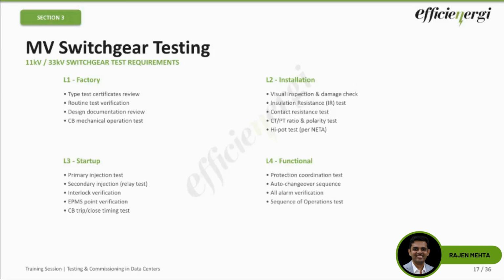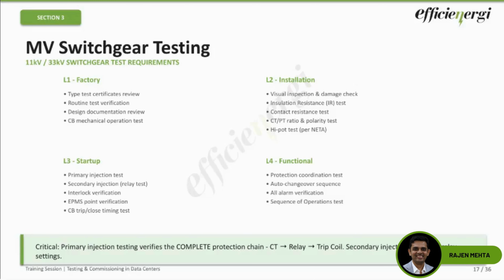And at the L4 stage, that's the functional stage, you are going to be doing protection coordination, that is whether your settings are matching the SCCS study or not. Your auto changeover sequences you will apply. If multiple sources are there, whether the ATS is coming into operation or not. All the alarms you are verifying in the EPMS and so on. Okay. So that's the idea of the levels for MV switchgear.